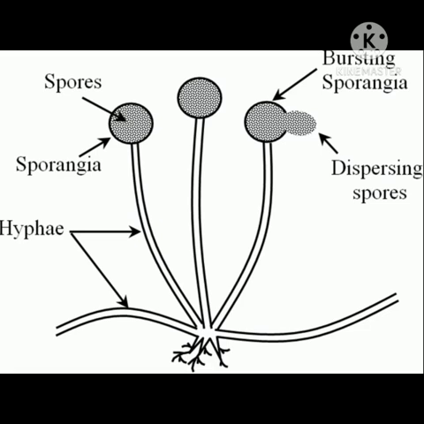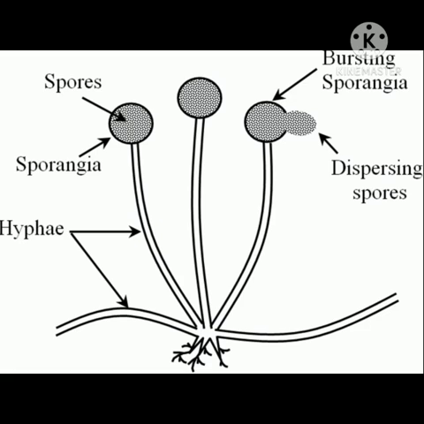The sporangia are knob-like structures which are present at the top of the thread-like structures called hyphae. You can see hyphae in the given picture. Hyphae are basically thread-like structures, and you can see at the tip of hyphae sporangia are present.